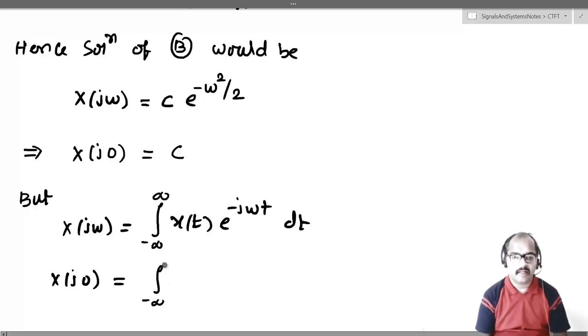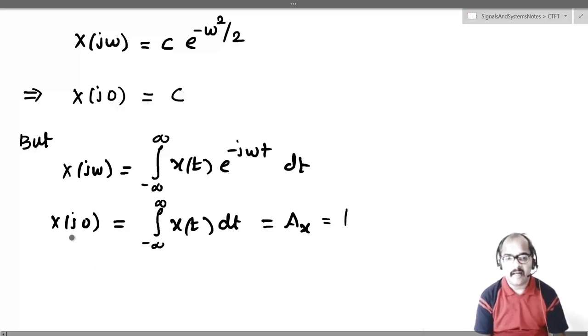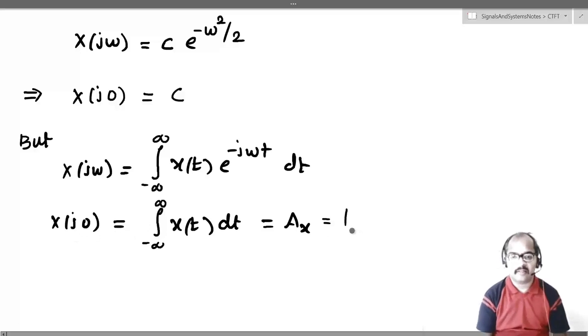You will get the integral from minus infinity to infinity of x of t dt, which is nothing but the area of x of t. But in the beginning itself, what have we seen? We have seen that the area of x of t is 1. So we got x of j0 equal to 1. But what is x of j0 equal to? c. So this implies c is equal to 1.